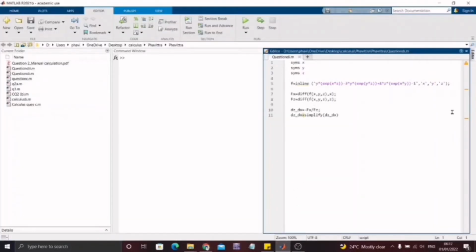So this is the simulation for question 2d Roman 1.